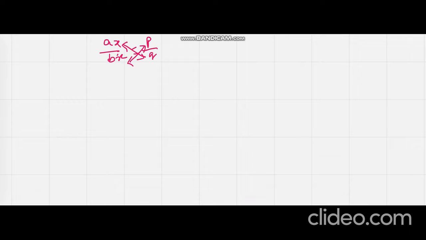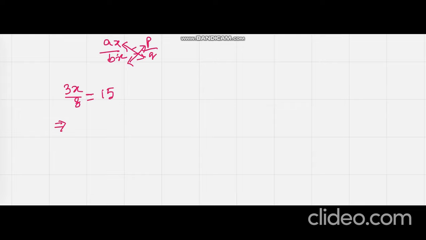Like if we have an expression like 3x by 8 equal to 15, how are we going to solve it? Since x is on the left hand side, and we don't have any plus or minus, what we need to do here is keep all the constants on the right hand side.